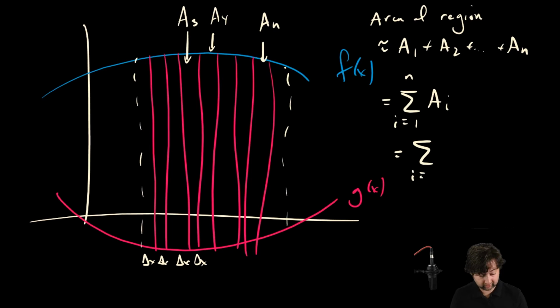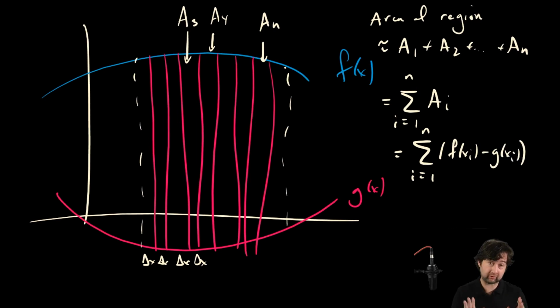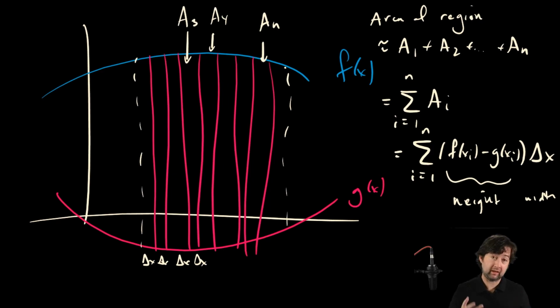So this is the sum from i equals 1 to n of f of xi minus g of xi, that is the height of that particular rectangle, times the width of that particular rectangle, which is delta x. So each individual rectangle has a height and a width, but the widths are all the same. And my approximation is going to get better as delta x gets smaller and smaller and smaller. So this is the basis for the area between two curves formula.